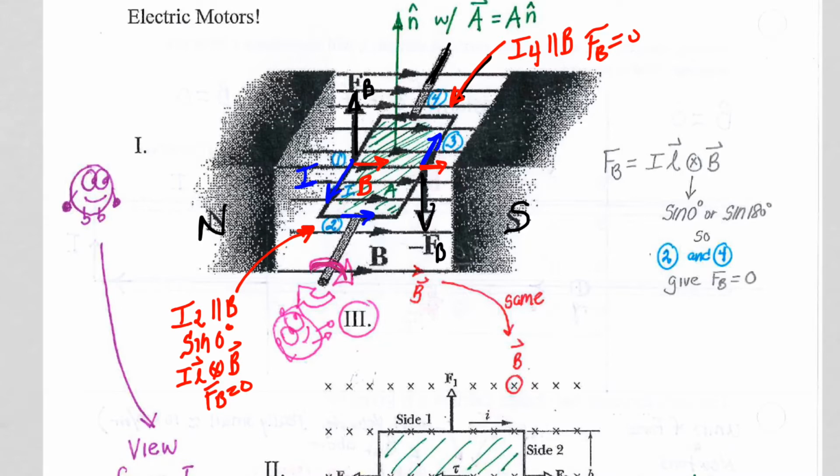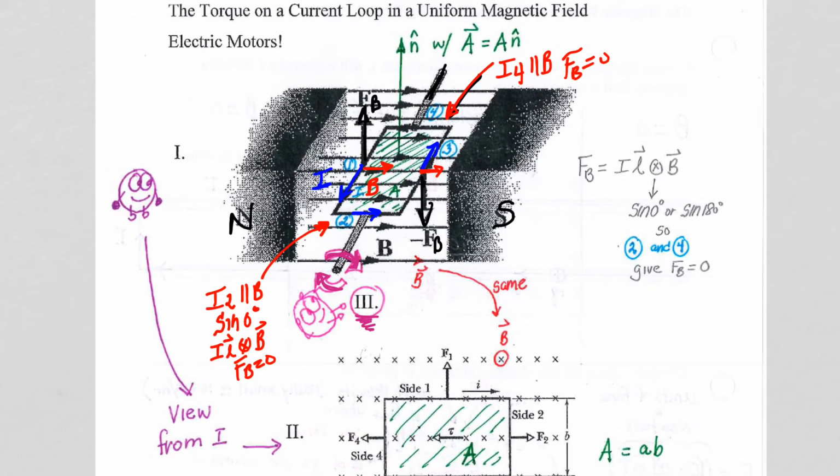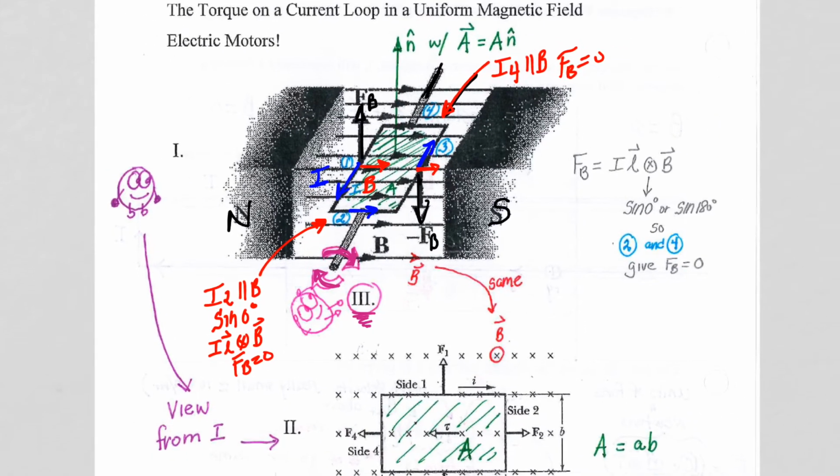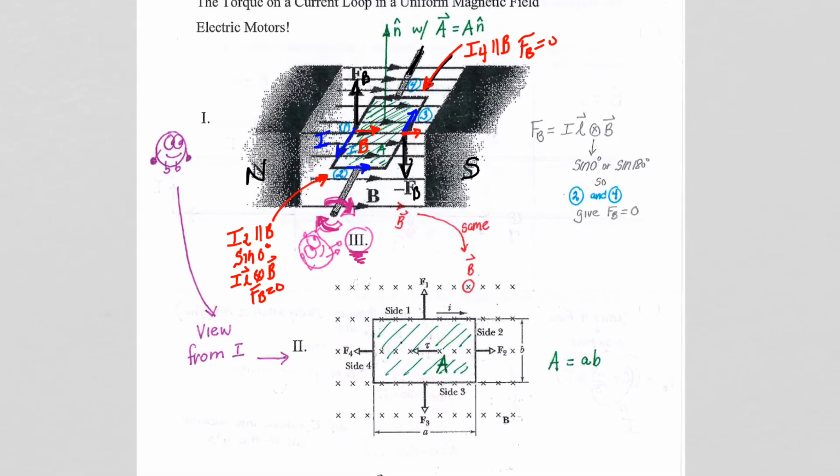So this coil is going to want to rotate in a clockwise sense as seen from this Roman numeral 3 perspective. All right, we'll get to the green n vector in a moment, so please still leave that off your notes for the moment. Well, the perspective that's often shown in textbooks is the perspective I have here in the middle of the page.